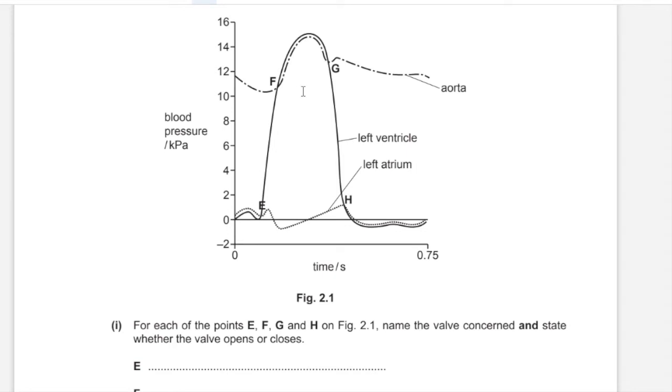Similarly, when pressure in the ventricle rises above the pressure in the aorta, blood would flow from the ventricle into the aorta through the semilunar valve, and that means at F the semilunar valve would open.